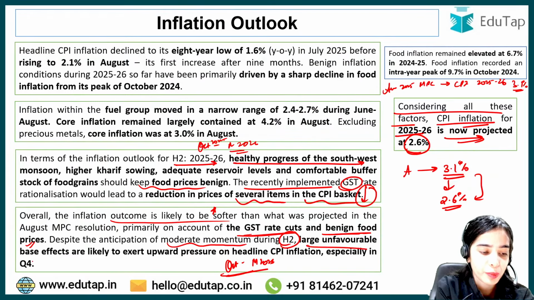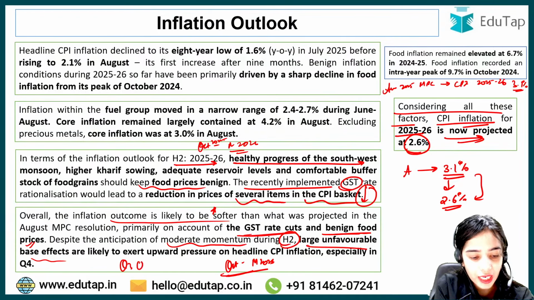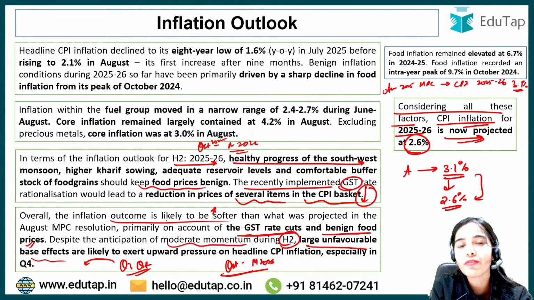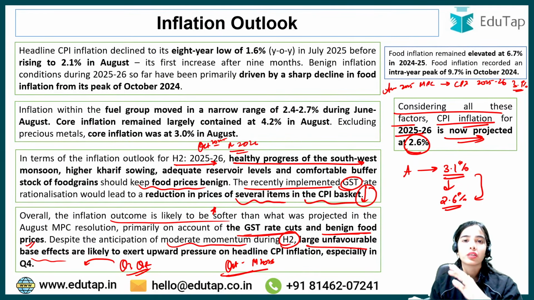This is because of the large unfavorable base effect. If we compare quarter 3 and quarter 4 of the current financial year with the previous financial year, there is an unfavorable base effect, because in quarter 3 and quarter 4 of last year the inflation was very low.